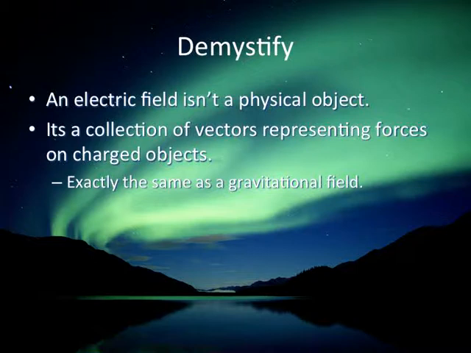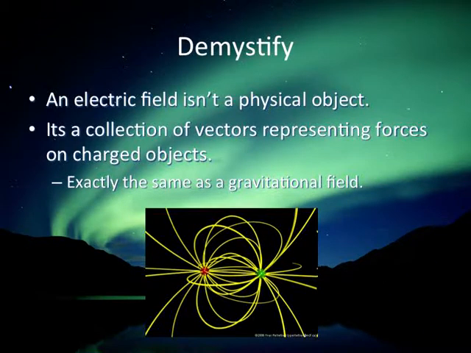And electric fields from two objects can kind of interact with each other. Okay, so here I have a picture. It's two different charged objects. And that would be the electric field between a positively charged and a negatively charged object.